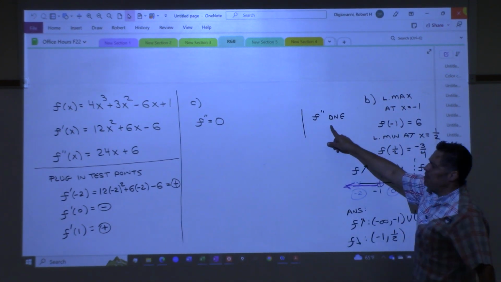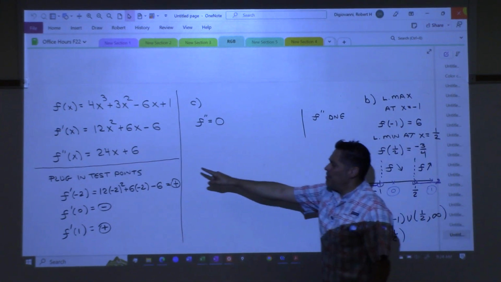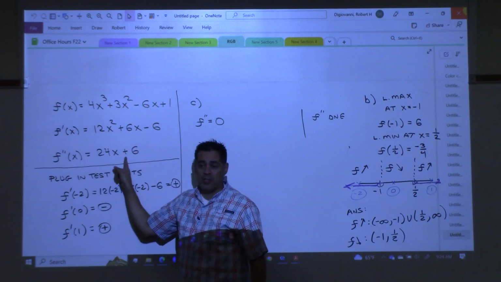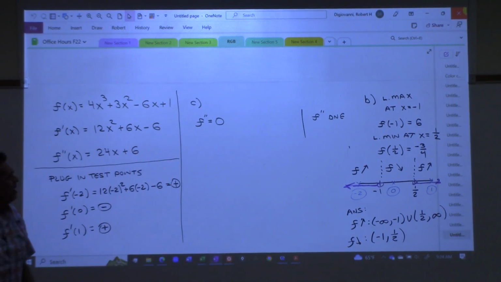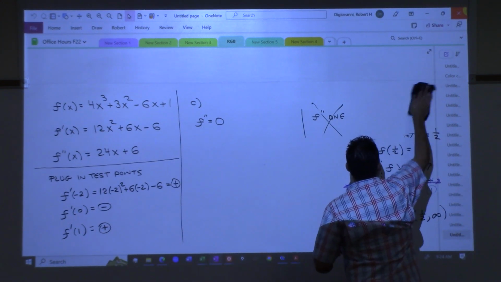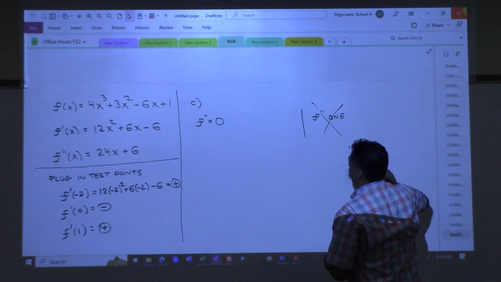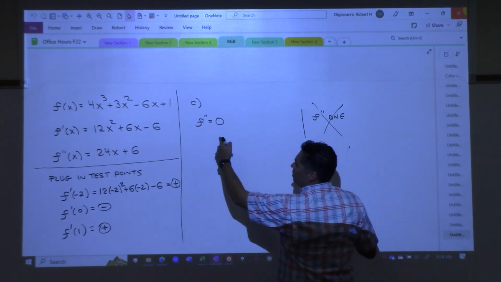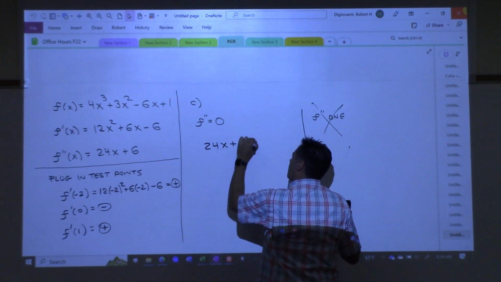I'll start with this, because we have the same exact issue. The second derivative is this, and that's just a linear function, which is a well-defined function. It's never going to be undefined, so I can just throw that out. And then over here, I have to figure out where 24 plus 6x is equal to 0.